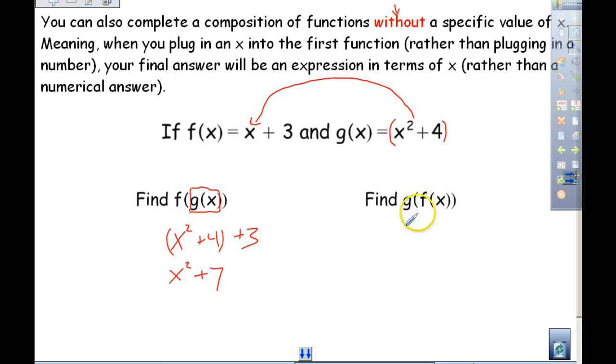And we can also do the other direction. We can take f of x, this whole thing, and plug it in for this x right here. That's the other direction. So we can take f of x, plug it in for g. So instead of x squared, it's going to be x plus 3 squared.